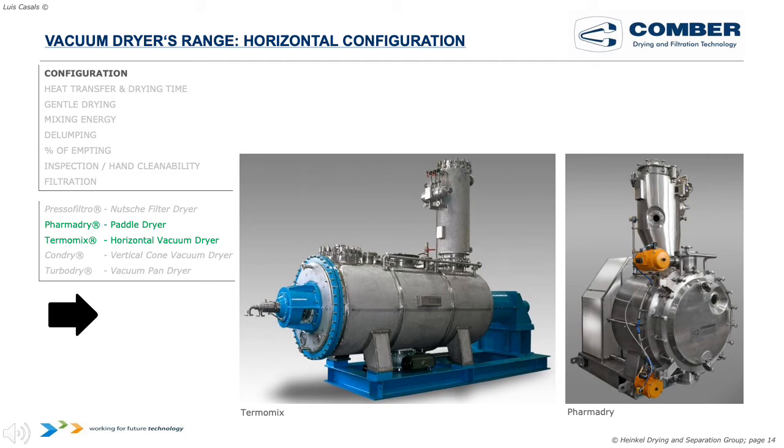Fixing the shaft from both sides, the front door disappears and the Thermomix becomes suitable for larger capacities. Horizontal execution gives us the chance to place the vacuum dryer between a clean room and a technical room, just by installing a separation panel.